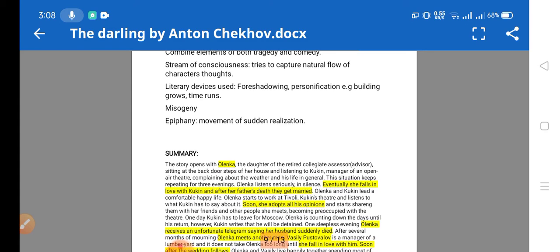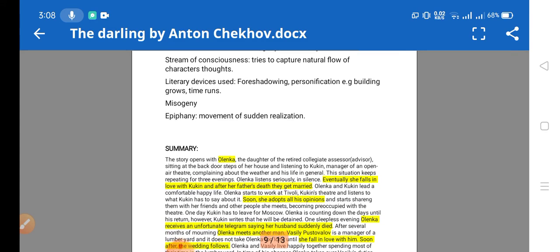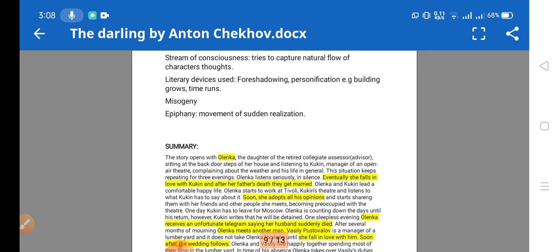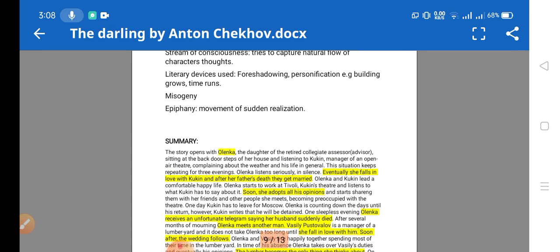As literary devices he used foreshadowing, to give hints about upcoming events in the future, and personification, giving living qualities to non-living things. For example, he writes "building grows," although growth is a quality of a living thing, he personified it to a building. And "time runs."